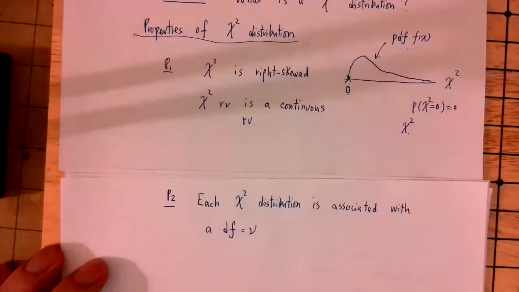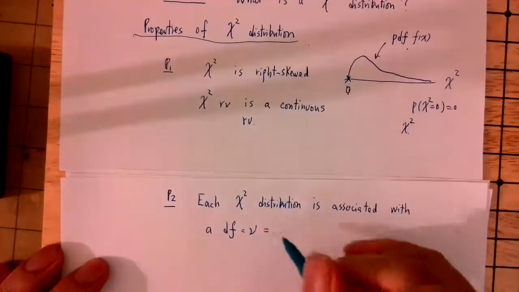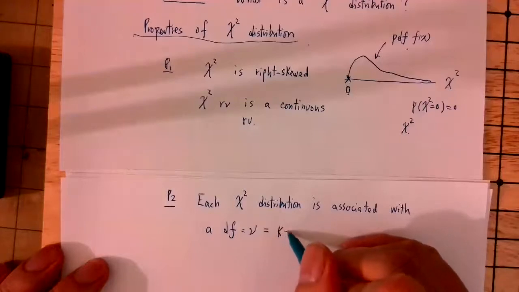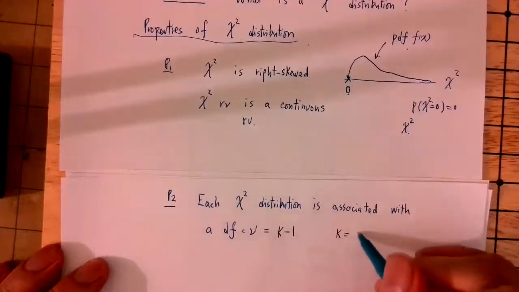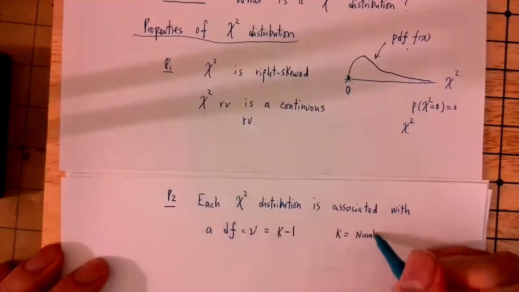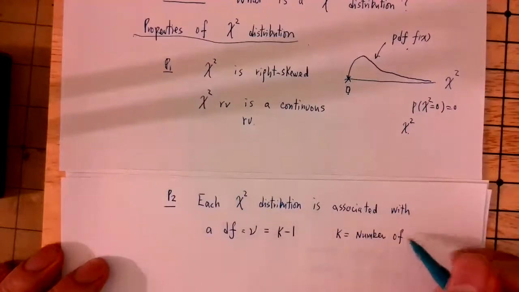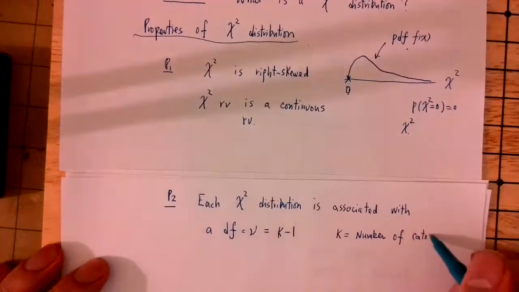In a one-way chi-square test, the degree of freedom is k minus 1, where k is the number of categories.